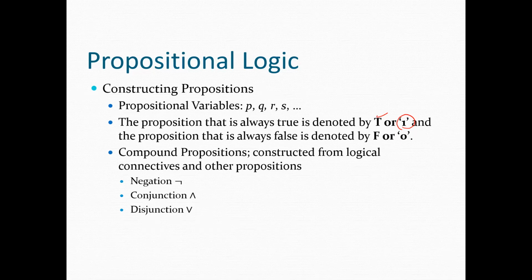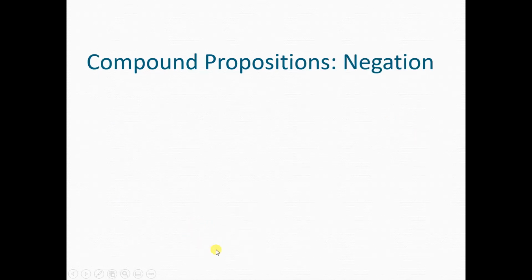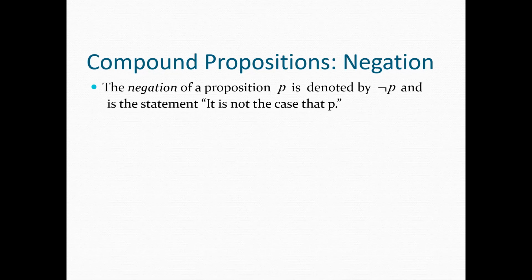Disjunction. There are symbols given for all these connectives. You can see this is the symbol of negation, this is the symbol of conjunction, this is the symbol of disjunction. Implication, this arrow is the symbol of implication. Biconditional, this double-sided arrow is the symbol of biconditional. Compound propositions, first of all, let's see what negation is.